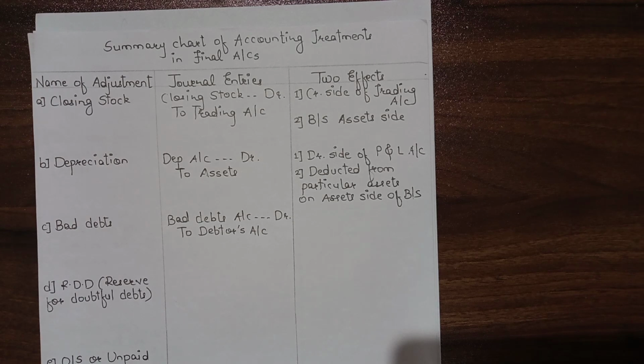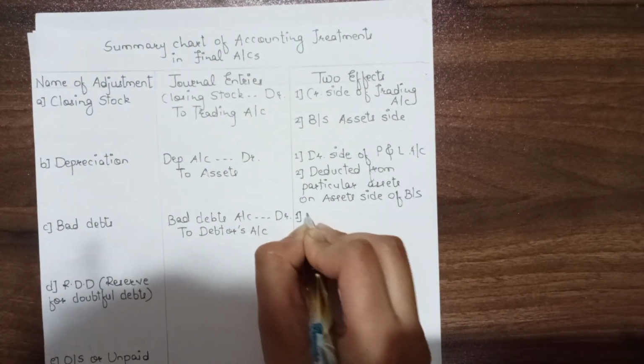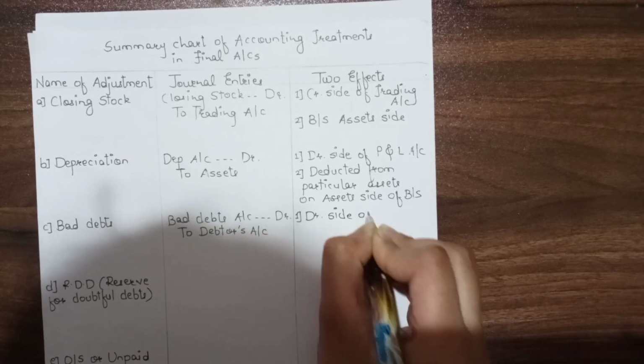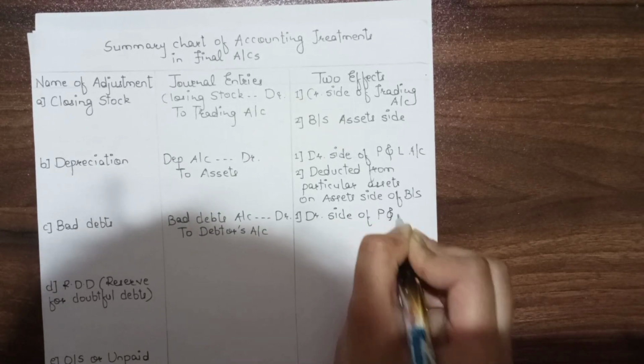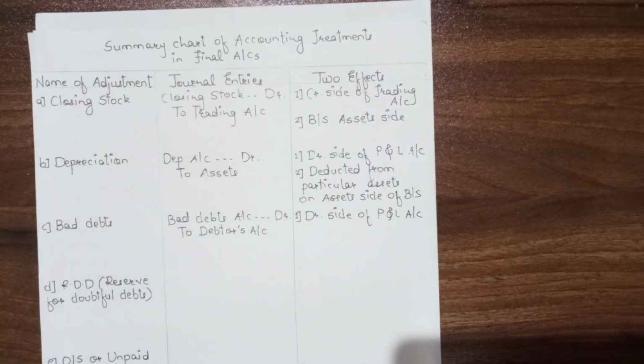Now we will see the two effects. The first effect will be in the debit side of profit and loss account. And how will it appear?